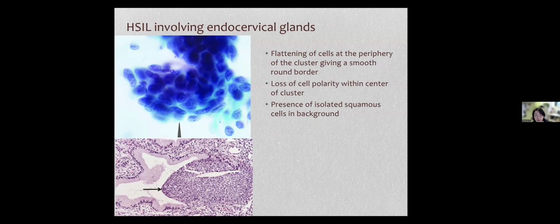So this is HSIL involving a gland, and here is one cytology image and also a histology image. You can tell flattened cells at the periphery. That's a clue that it's HSIL involving a cervical gland.